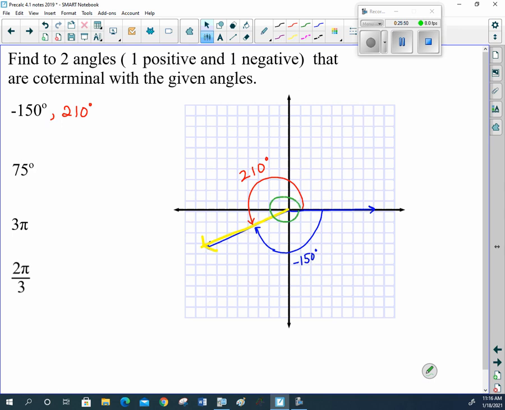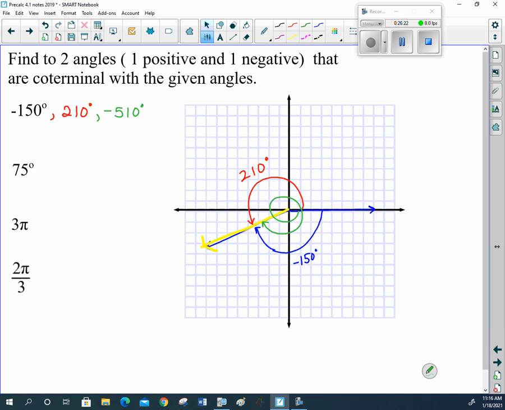So that would be negative 360, and then I'd have to add a negative 150 to that. And so I'd end up at a negative 510. Now, we could do this for infinity, guys. There's an infinite number of coterminal angles. All we have to do is just go around our axes, around and around and around multiple times. One time, two times, three times, four times, it doesn't matter.